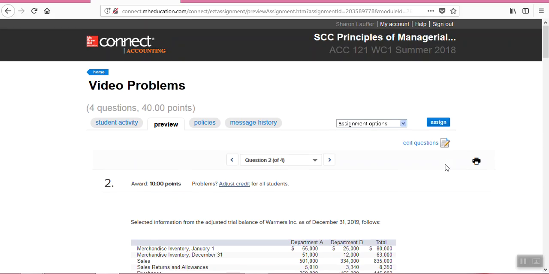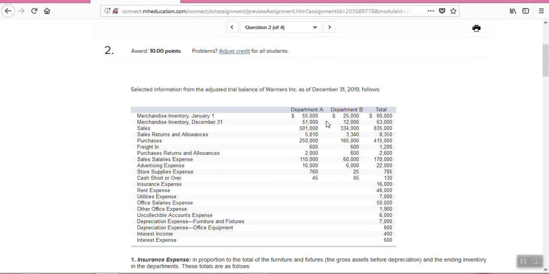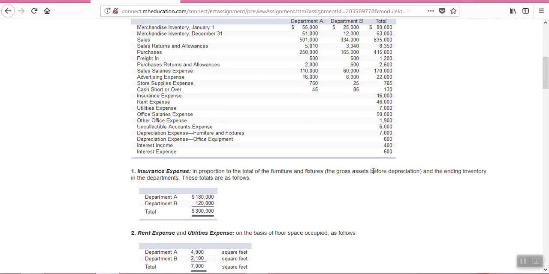The instructions say we've got some information from the adjusted trial balance of Warmers Incorporated. It looks like they have two departments. They have some direct costs for Department A, some direct costs for Department B, and those are totaled over here. Down here there are some things that are not allocated to Department A or Department B, so those are just totaled up over here, and we're going to have to figure out what to do with those.